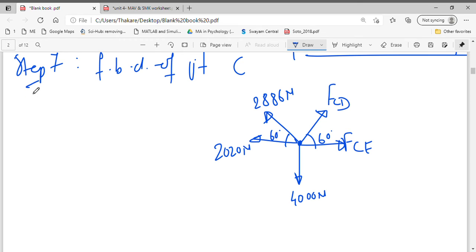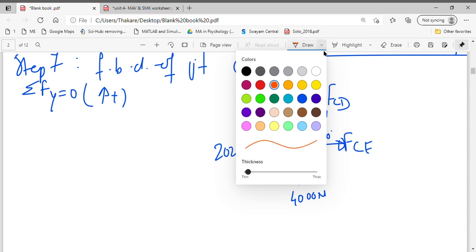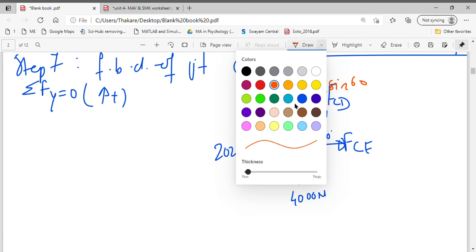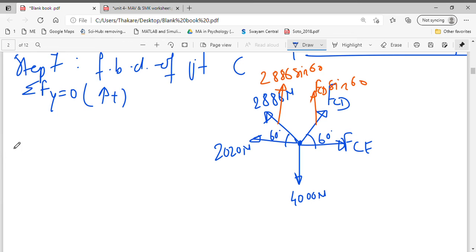Applying summation of forces in Y to be 0, considering upward acting forces as positive, we will have to resolve these two forces. This will be 2886 sine of 60, and this will be FCD sine of 60. Both these forces are acting in vertically upward direction, so those we would be considering as positive.